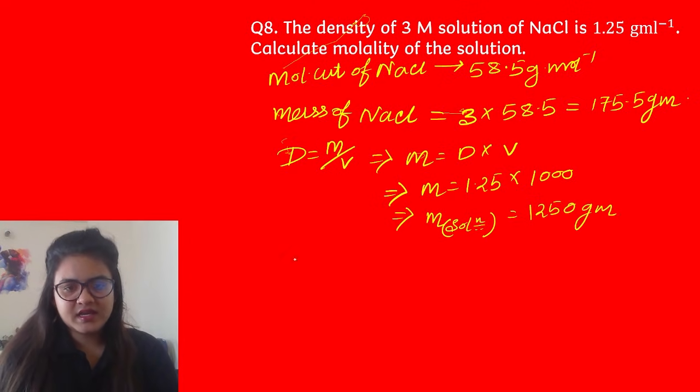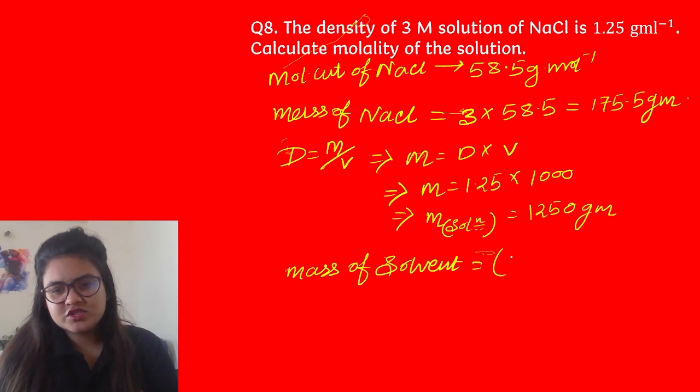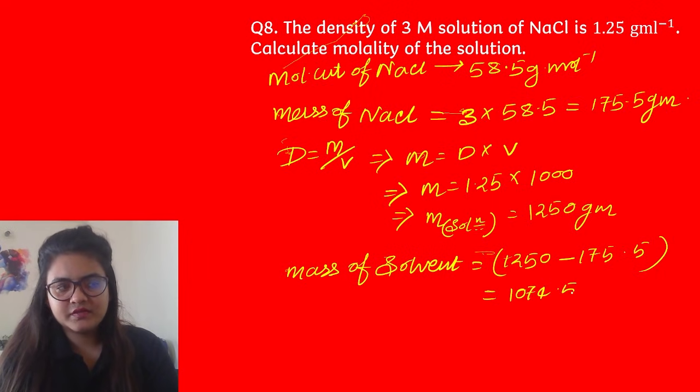Right? So from here I can calculate the mass of solvent as well. We know the mass of solution is 1250, the mass of solute is 175.5. So if you subtract, you will get the mass of solvent, that is 1074.5.